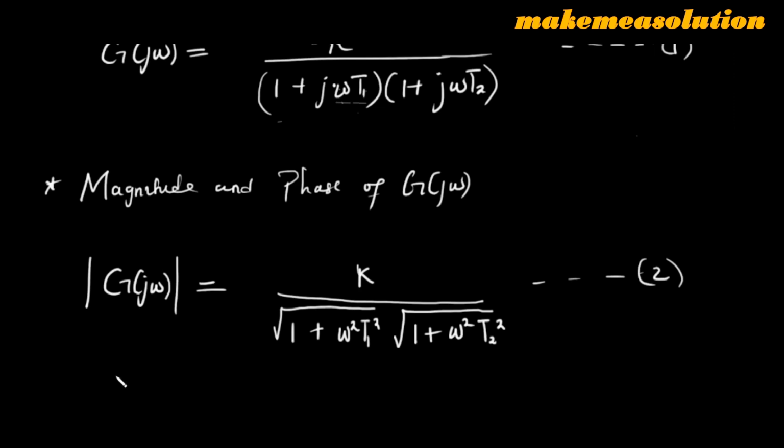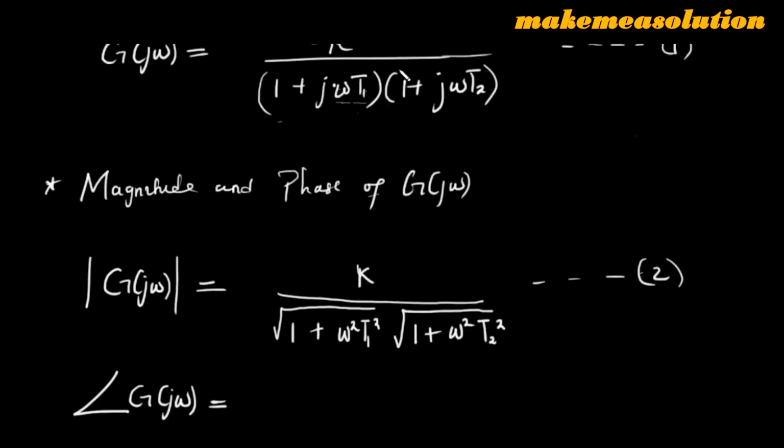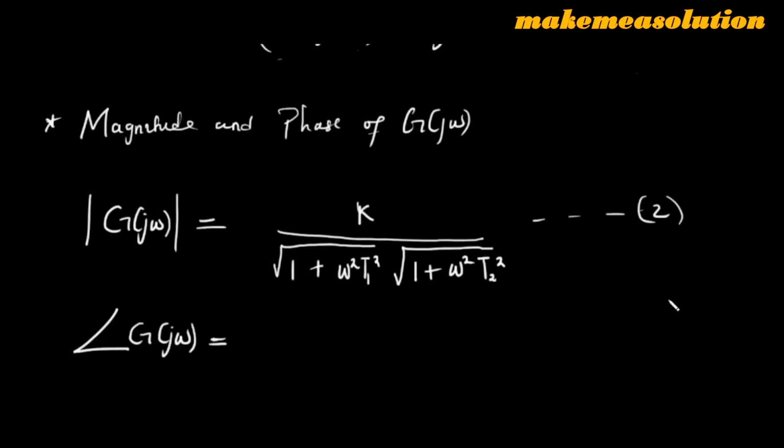So the phase of G(j omega), we have a combination of complex numbers in this form. So how do we find the phase? I'm just going to replicate the complex number here. We have K all over (1 + j omega T1), and you now have (1 + j omega T2).